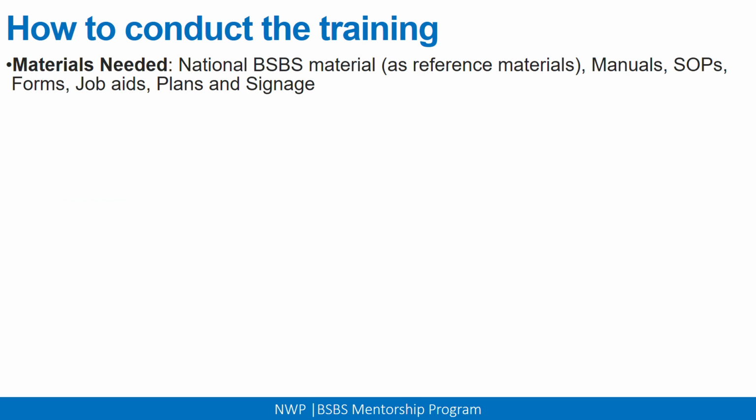So for the materials, basically you may decide to use what you need, and this will be dependent on what your outcome is. So what are you trying to communicate? Do you want people to have the know-how or the knowledge on basic biorisk management?